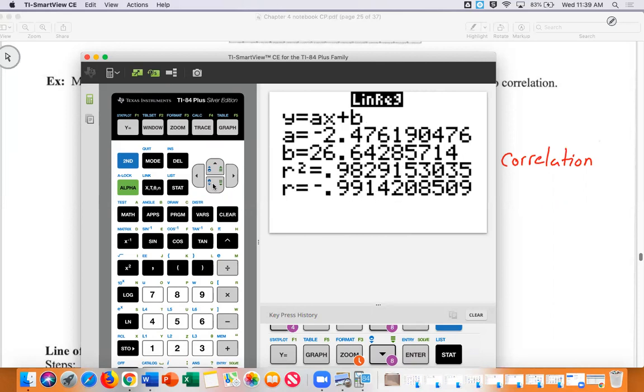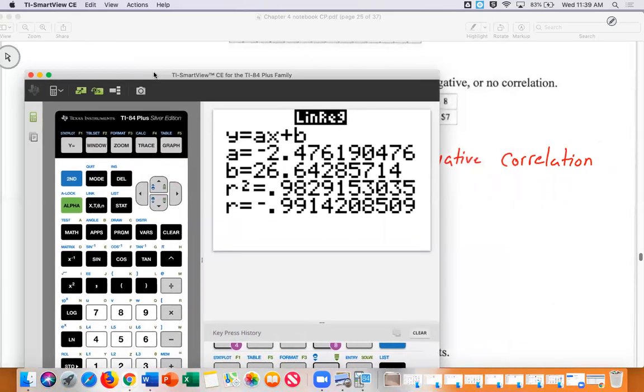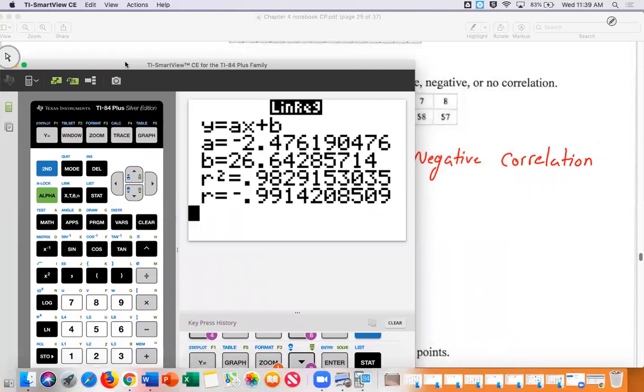We all good? A few things on this screen. 1, M is A. Do you guys see that? M is A because A is in front of X and that's where M is. I don't know why they call it A in this case. It's just what they do.